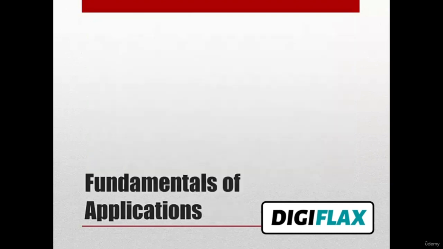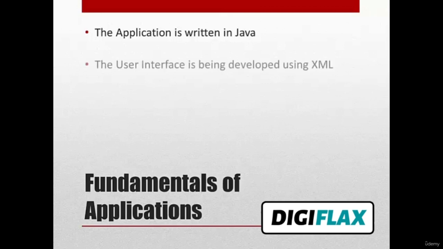Now let's see some fundamentals of applications in Android. The applications in Android are written in Java. So that's why we needed the prerequisites that you have the knowledge of Java. The user interface of Android applications is being developed using XML.